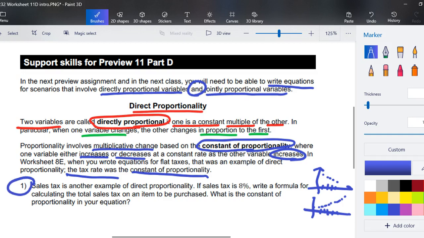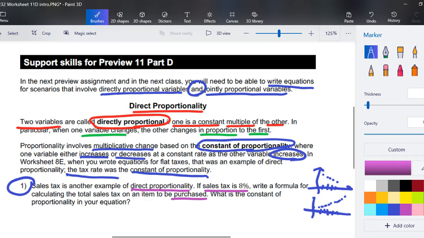So looking at question 1, as long as you have already hit pause and you've already attempted question 1, then keep listening. If not, hit pause and we'll see you in a minute. Sales tax is another example of direct proportionality. If sales tax is 8%, write a formula for calculating the total sales tax on an item to be purchased. What is the constant of proportionality for your equation? Let's use variables that are indicative of what we're talking about.